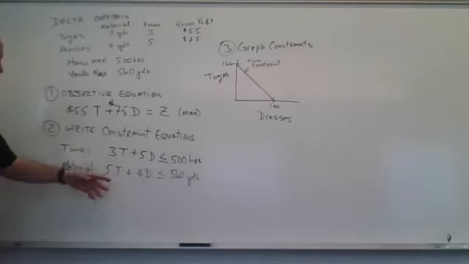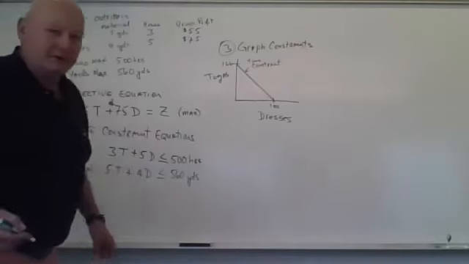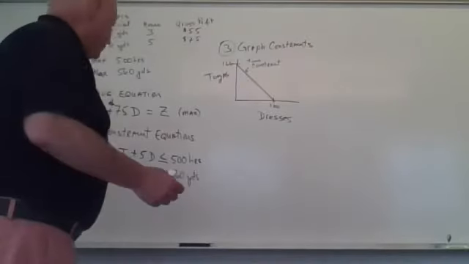Same trick. Plug a 0 into T here, make that disappear, and we have 4D cannot exceed 560 yards. Okay, we're at 4 yards a dress with 560 yards available. 560 divided by 4 comes to 140.